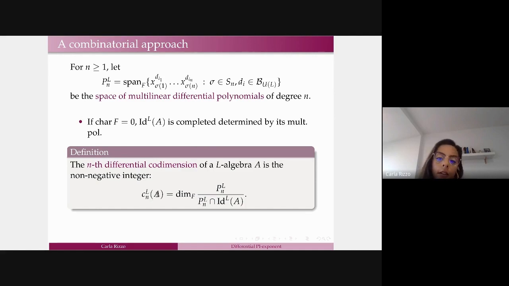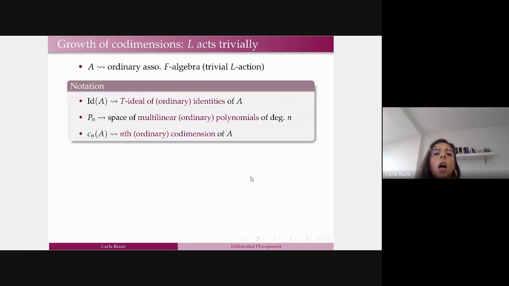These differential codimensions are actually an invariant that gives us information on the growth of the differential codimensions of our L-algebra A. An example, again in the same paper with Professor Giambruno: we determined the codimension sequence for UT_2 with epsilon. That is this one.